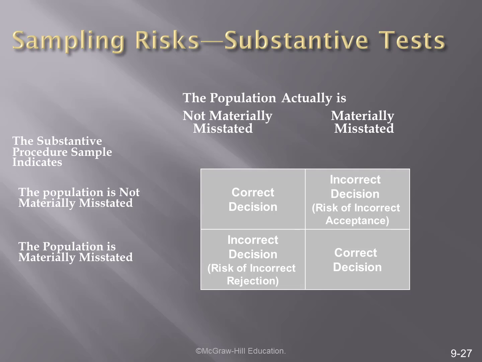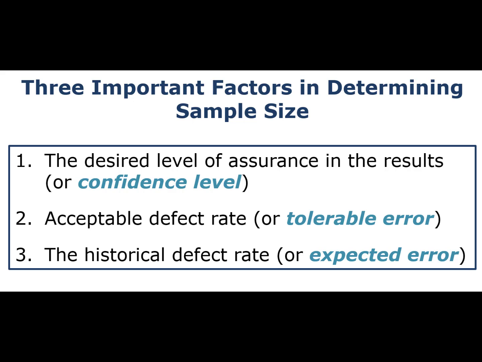On the flip side, if we see in the sample that there is no material misstatement, when in fact the financial statement or the component that we're looking at is materially misstated, we now have what we call a risk of incorrect acceptance.